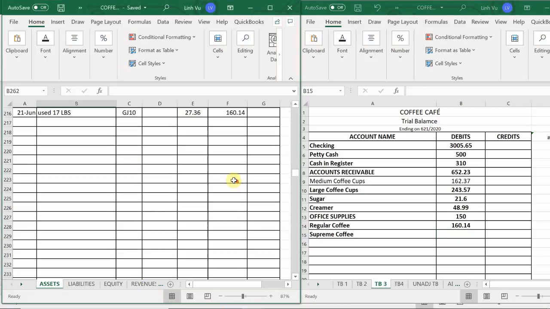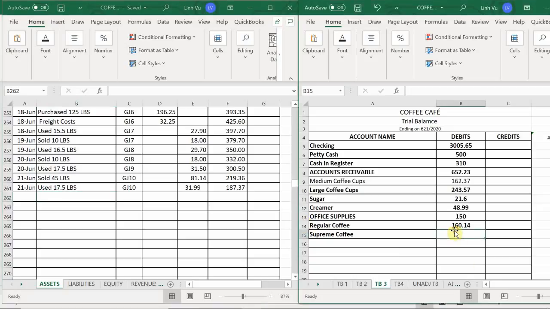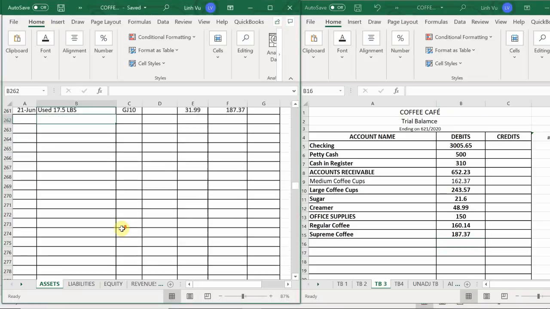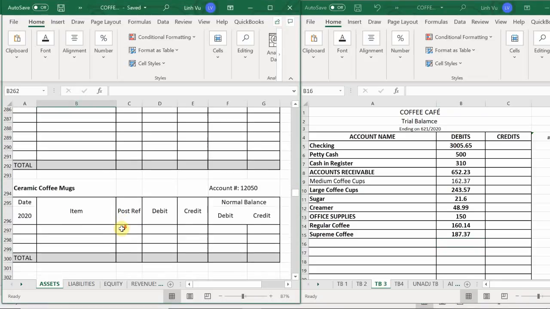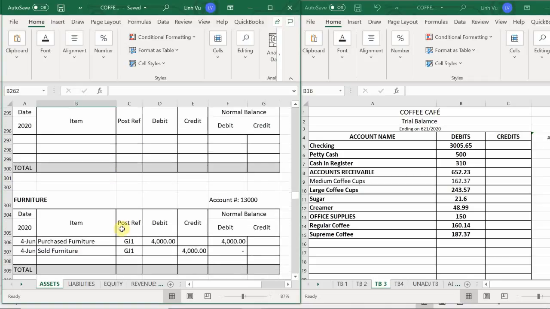And then the account balance for my supreme coffee, 187.37. Yep, we just solved for that. We just figured those numbers out. We don't have any ceramic coffee mugs yet. We haven't converted into inventory yet.